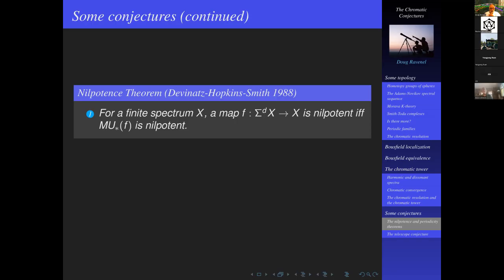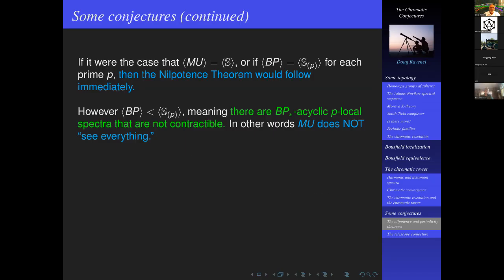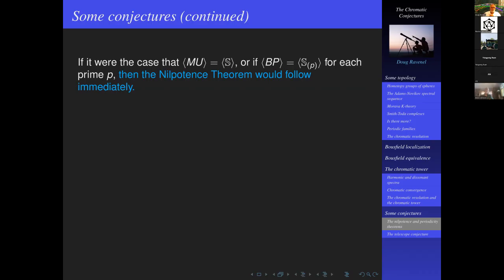Nevertheless, the nilpotence theorem is true, even though it's not a purely formal argument as I had hoped. If the Bousfield class of MU were that of the sphere, then the nilpotence theorem would be a formality.